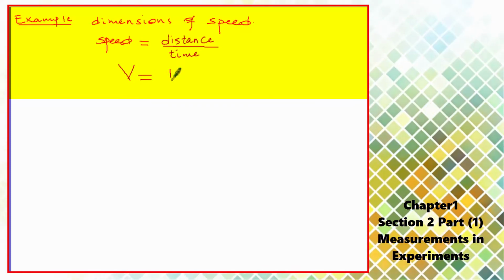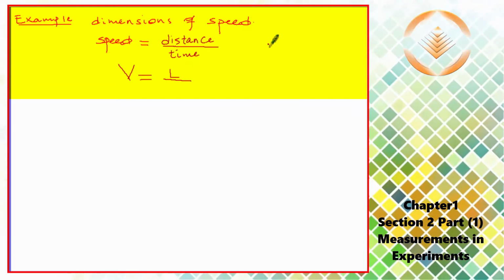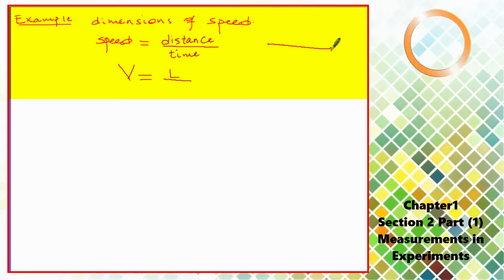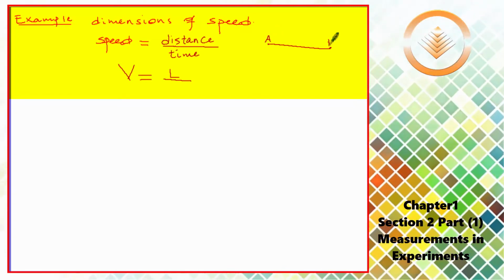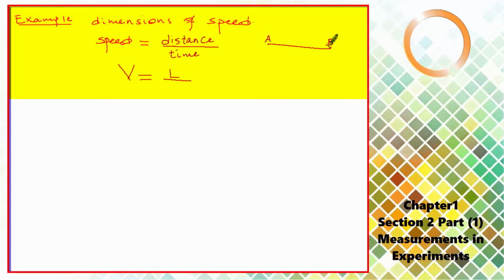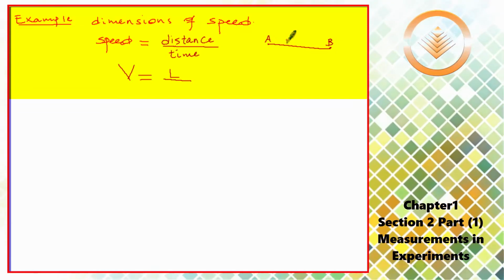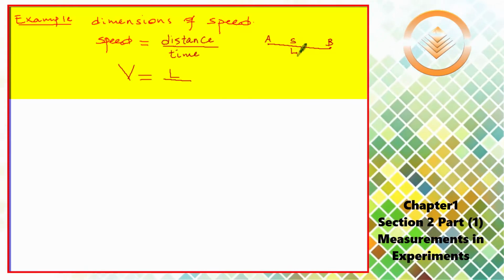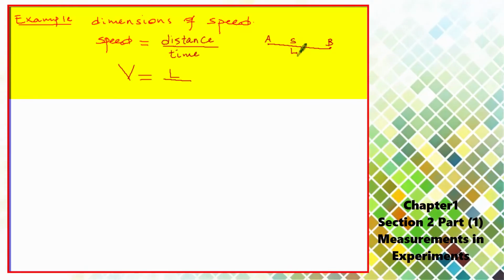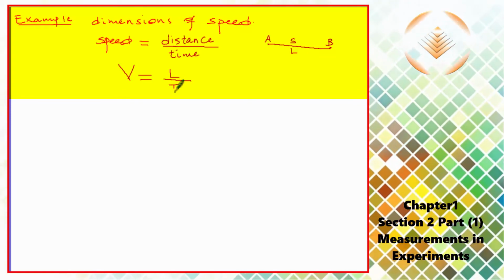Sometimes I can use L, because the distance between 2 points is the same as the path length between these two. The distance from A to B means this straight path. So distance S is the same as L. So the dimensions of speed are L divided by T. This is the dimension of speed.